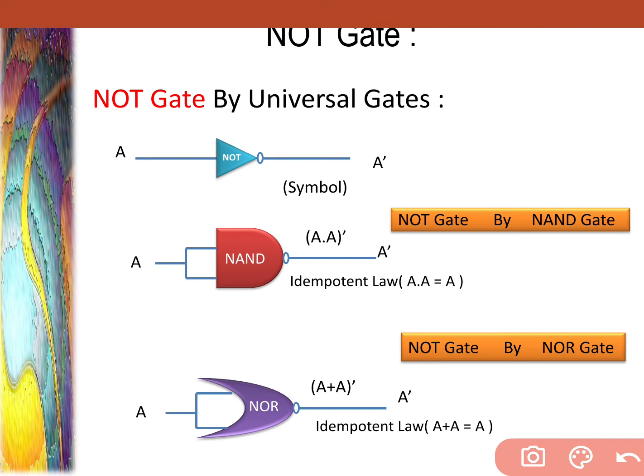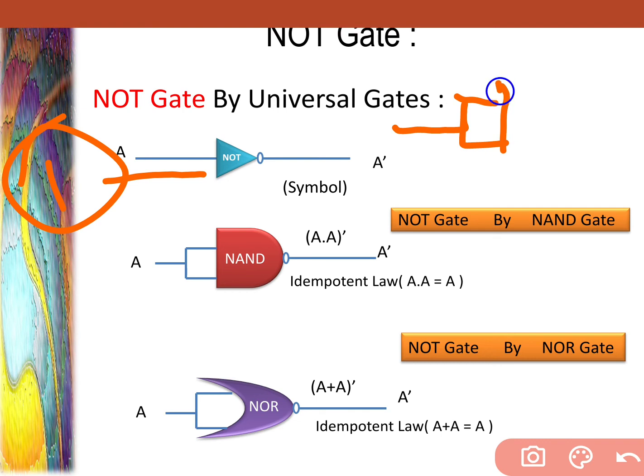In NOT, we send only one input, but in NAND and NOR we have two or more. We have to send one signal and spread that signal into two parts, and then send it through the gate. We are sending A and A again, because in NOT we have only one signal, that is A.